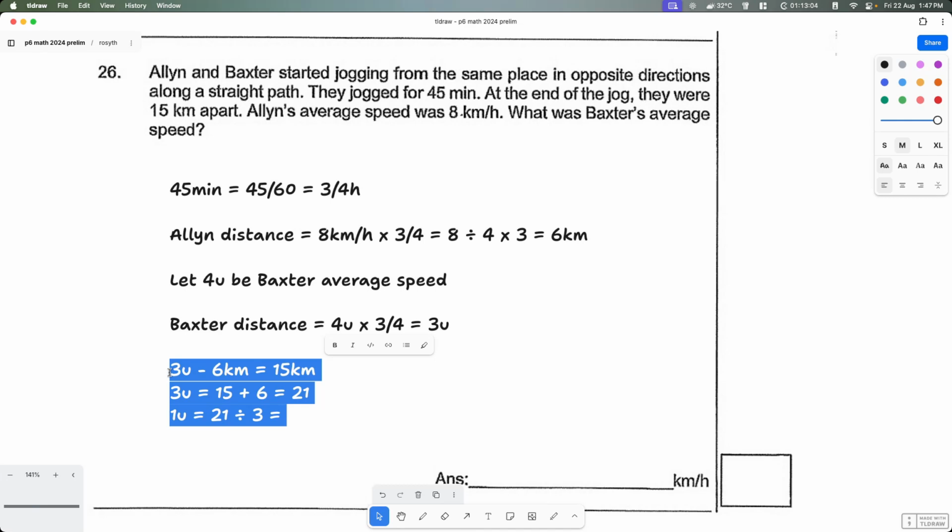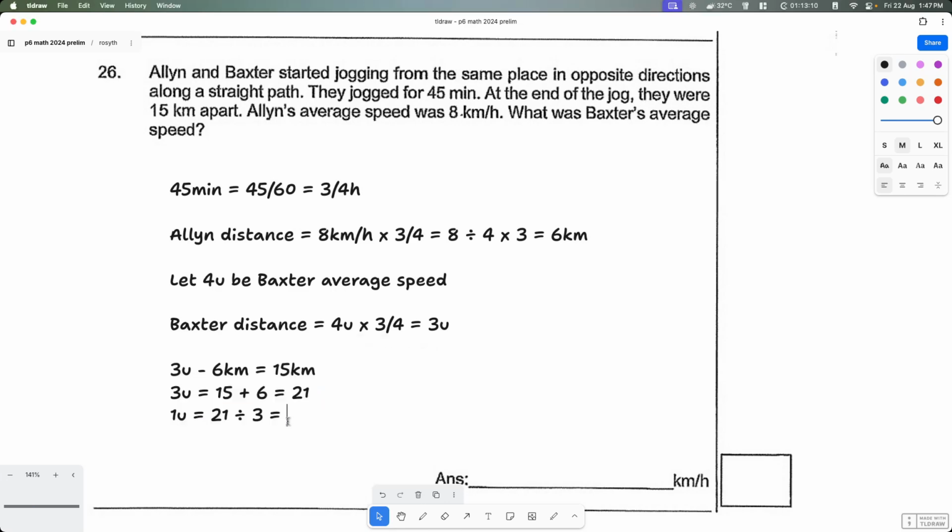Basically, they were 15 km apart. So it's not this, but instead 15 km minus 6 is equal to 9 km, right? So that means 3 units is equal to 9 km because they are that distance apart.